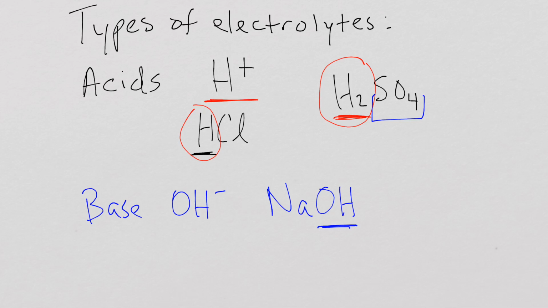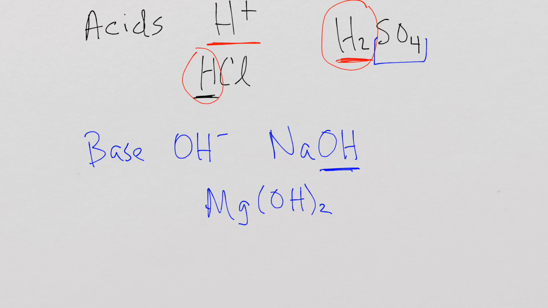With bases, hydroxide is usually tacked on to the end of the molecule. Okay? An example of that would be something like, and let's look at this, this is kind of a review from last year. If we've got Mg(OH)2, that actually means that we've got something called magnesium hydroxide.